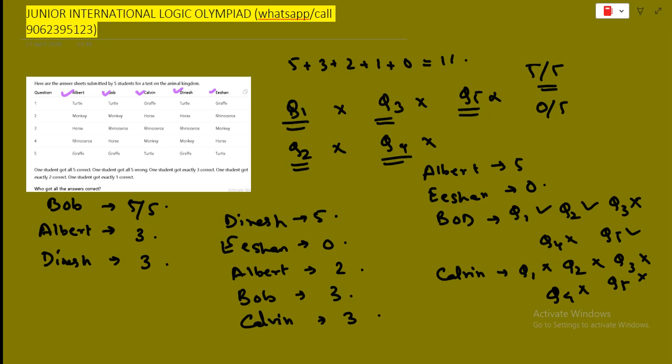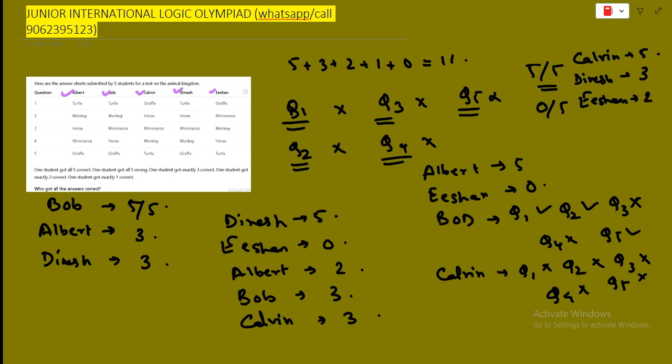No, look at Kelvin. If Kelvin is 5, like giraffe, horse, rhino, monkey and turtle, let's check Kelvin. Kelvin is 5. Then Dinesh: turtle no, horse yes, rhino yes, monkey yes, giraffe no. So it's 3. Ishan: giraffe yes, rhino no, monkey no, horse no, turtle yes.